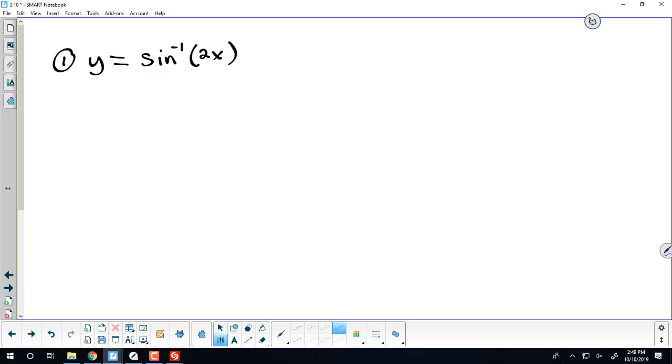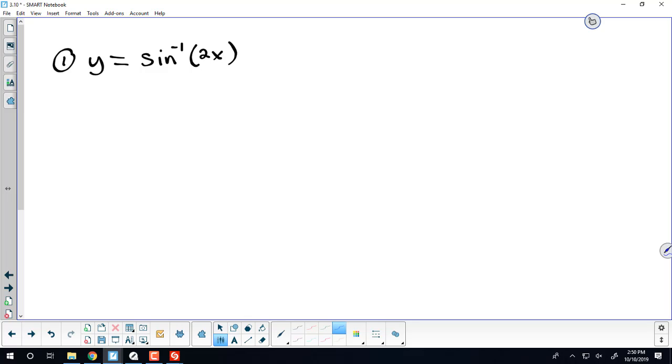One of the ways those show up is if we wanted to know what is the domain of the inverse sine of 2x? What is the domain for the log of x squared minus x plus 2?